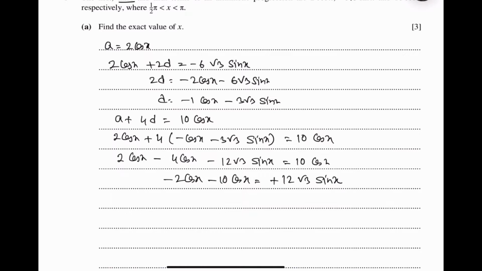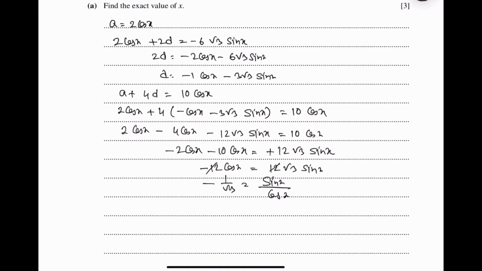If we simplify this, that will be minus 12 cos x equals plus 12 root 3 sin x. And if we simplify, 12 and cos x go down of sin x, and root 3 on the right side goes down as 1 by root 3, so minus 1 by root 3 equals sin x by cos x.